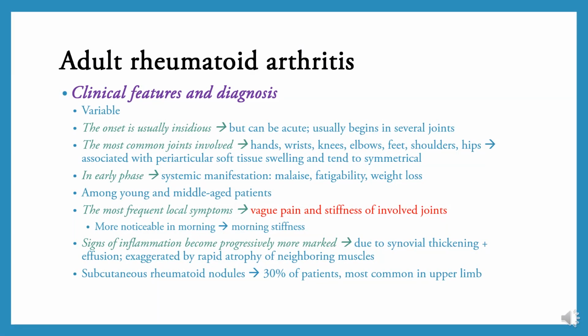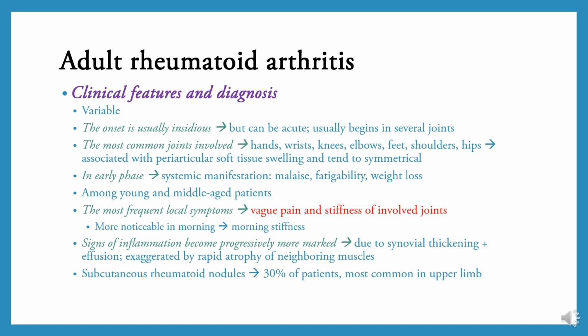Clinical features and diagnosis of adult rheumatoid arthritis is variable. The onset is usually insidious, but can be acute. The most common joints involved are hands, wrist, knee, elbows, feet, shoulders, and hips.